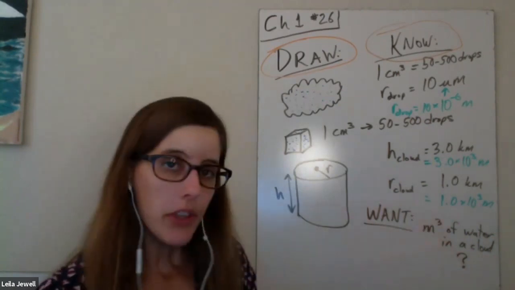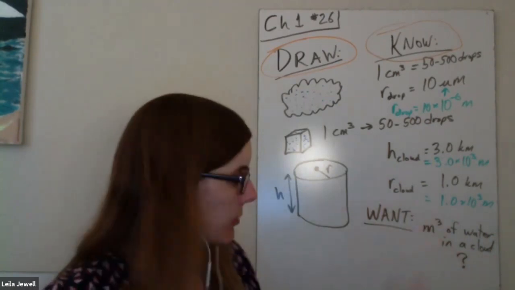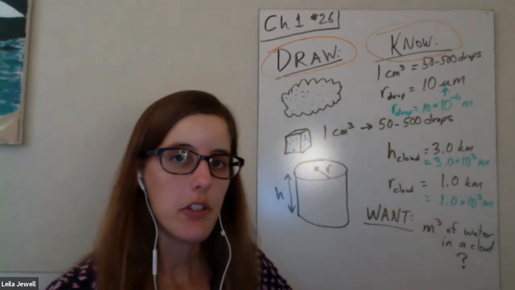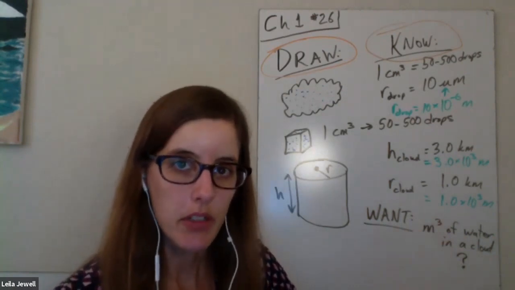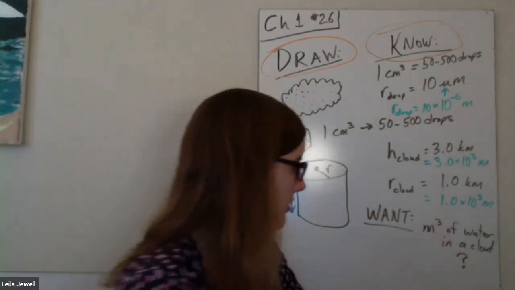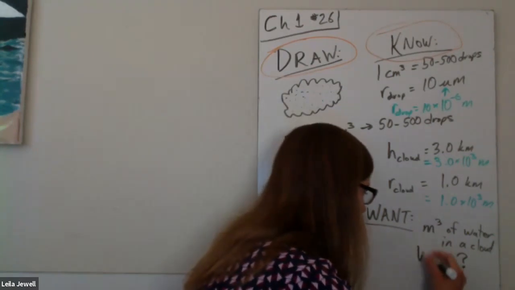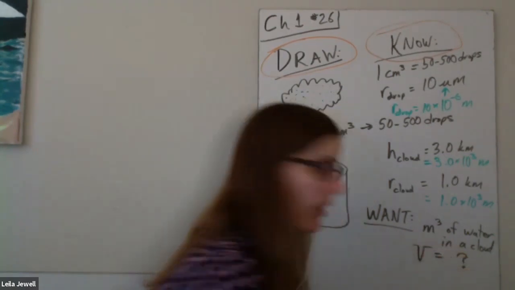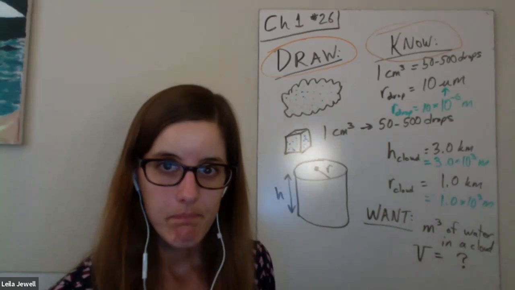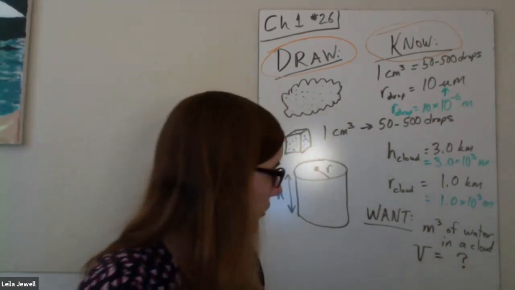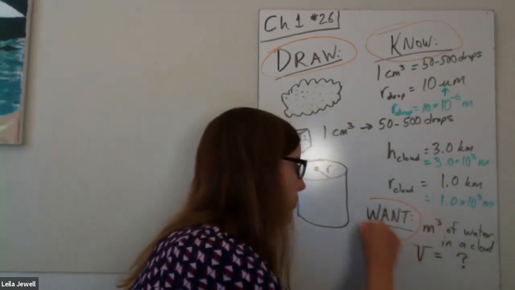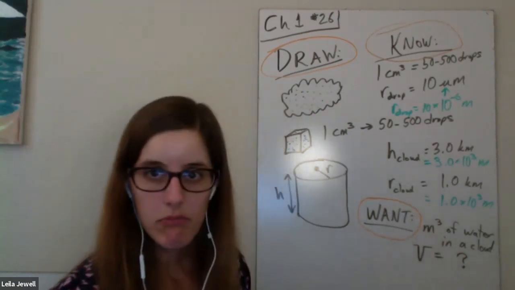And as we're thinking about it, it doesn't tell us what quantity it is, but it does give us a clue. Cubic meters, what quantity has cubic meters? Well, volume does. So we're going to be looking for some sort of volume in this. So this is really useful to figure out where we're trying to get to.